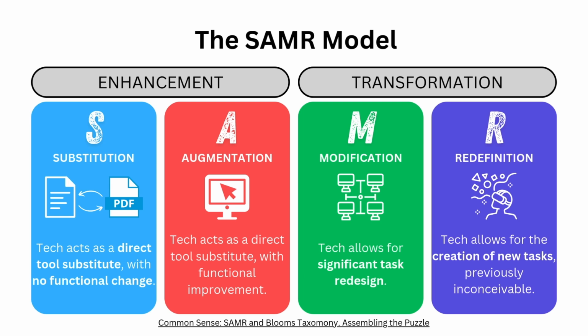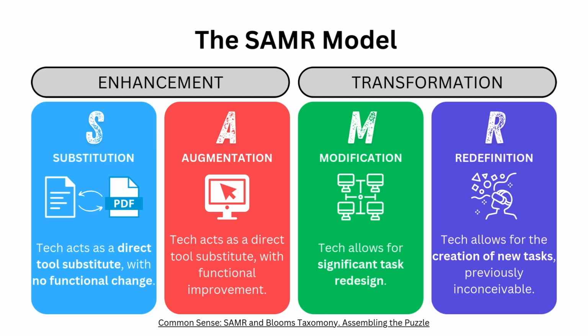Substitution and augmentation fall under the category of enhancement. These levels involve using technology to improve or replace existing tasks in a way that adds some value but stays close to the traditional approach. Modification and redefinition fall under transformation.